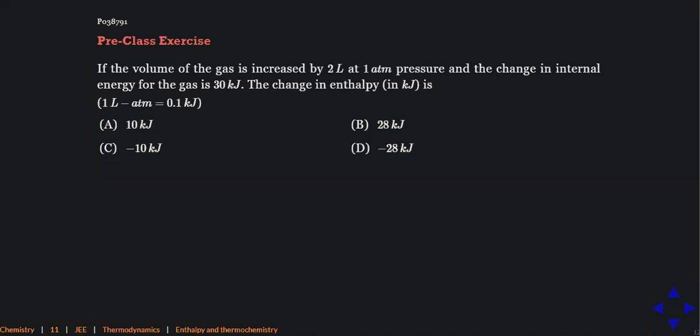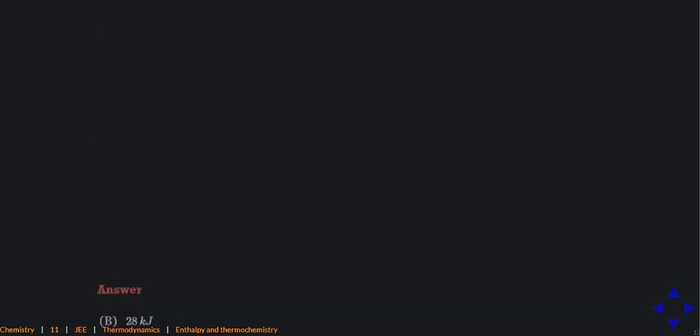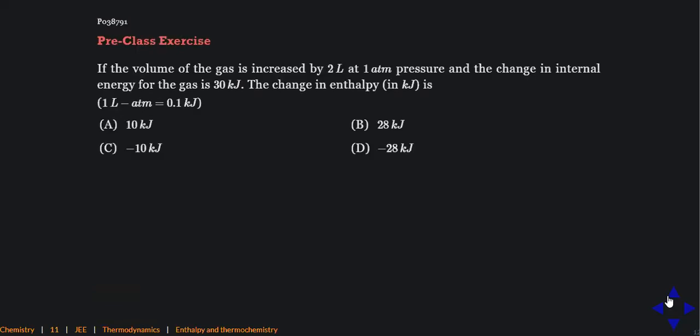So the answer is B. So it will be 30 minus 1 into 2. Got it? Very good.